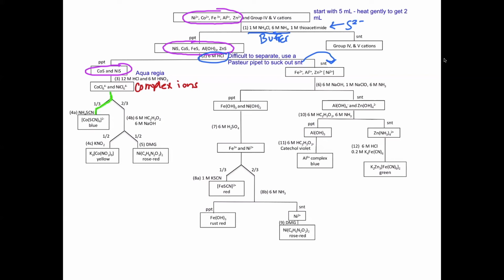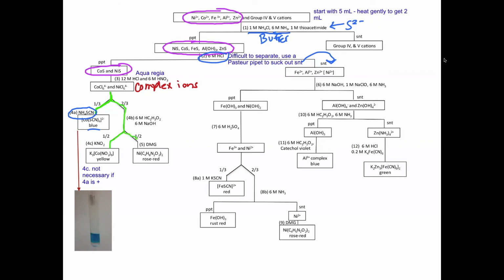We take 1/3 of the solution and add ammonium thiocyanate. This gives us a very pretty blue color solution if we have cobalt. There is another test for cobalt. It is less sensitive, so we usually don't worry about it too much. We'll usually get a positive test for 4A and not really do step 4C.